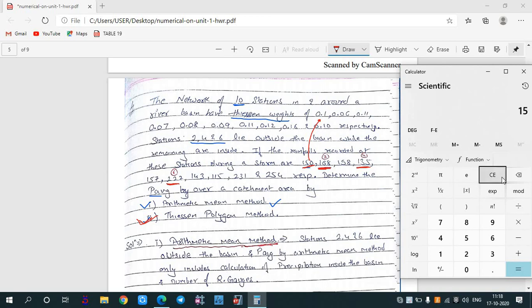The first value is 150, we'll multiply it with 0.1. Second is 168 into 0.06, plus the next value is 158 into 0.11, plus 135 into 0.07.